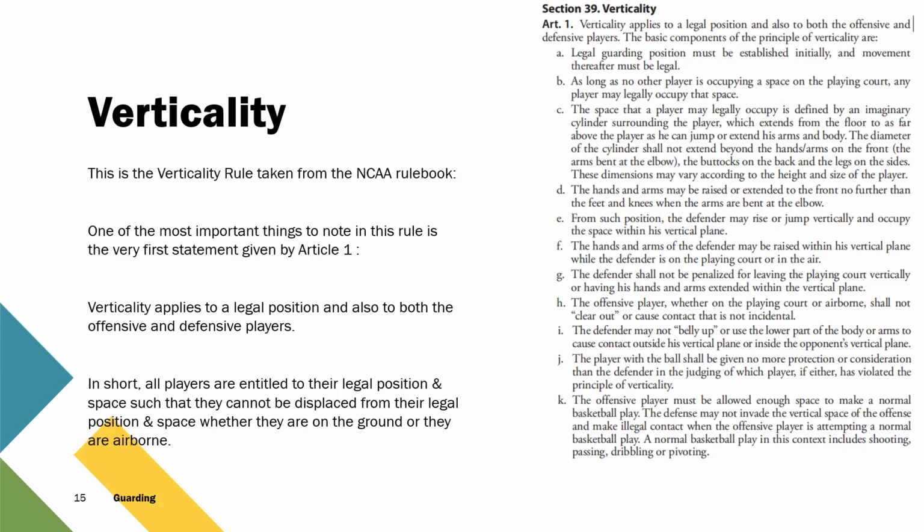But in short, all players are entitled to their legal position and space such that they cannot be displaced from their legal position and space, whether they are on the ground or they are airborne. The remainder of this chapter will have us looking at plays. We're seeing the principle of verticality at work and seeing where it may have been violated.